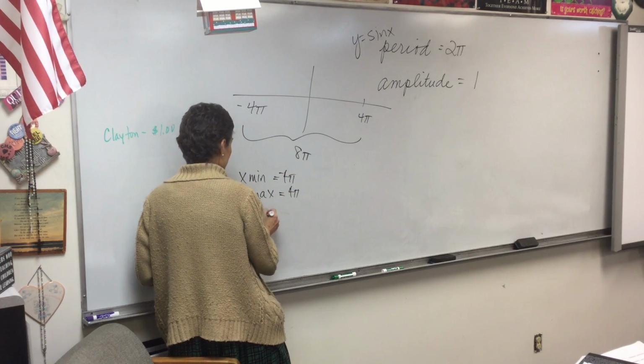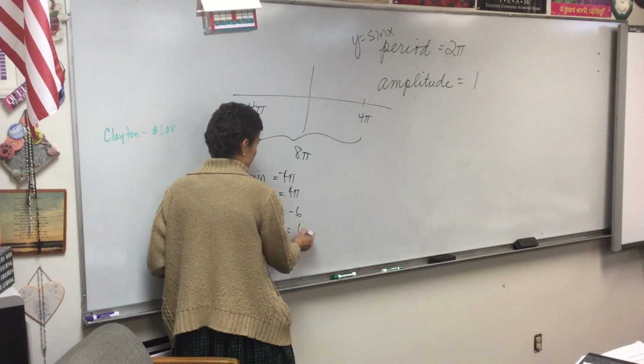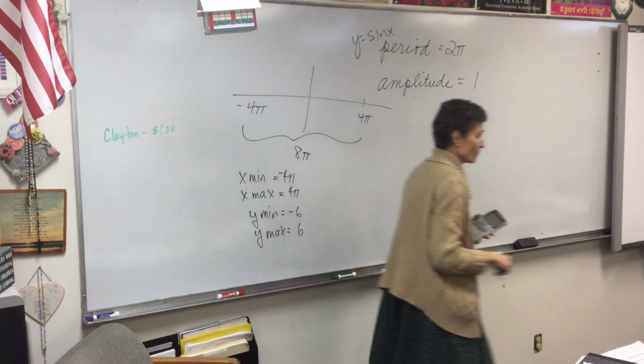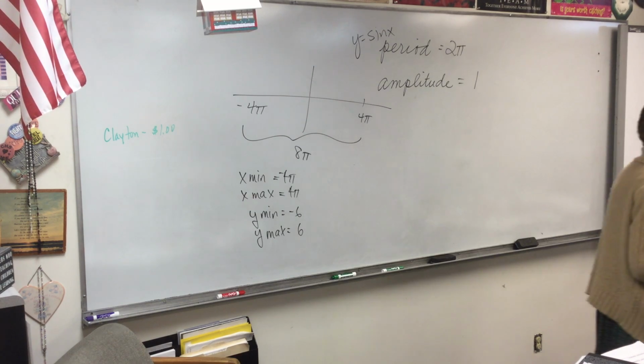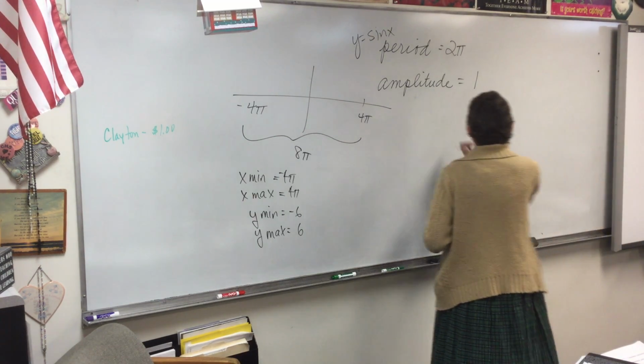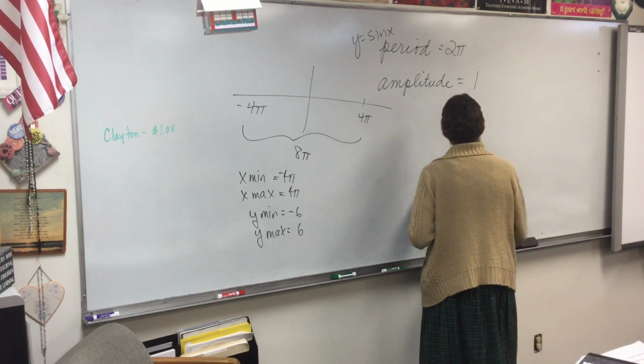And our y min was negative 6, and our y max was 6. And it gave us a nice little sine curve, and we have determined that the period of the sine is 2 pi radians, and the amplitude of the sine is 1. All right, so now take that picture out and graph this one for me.